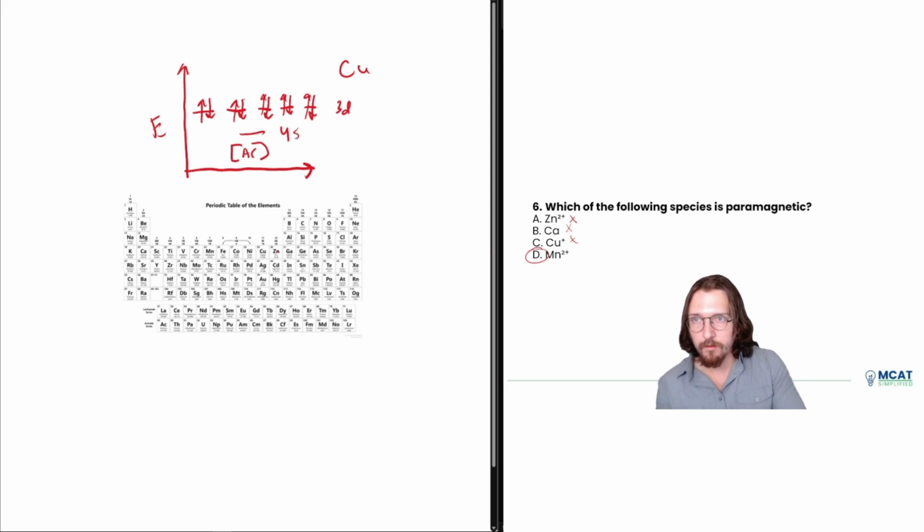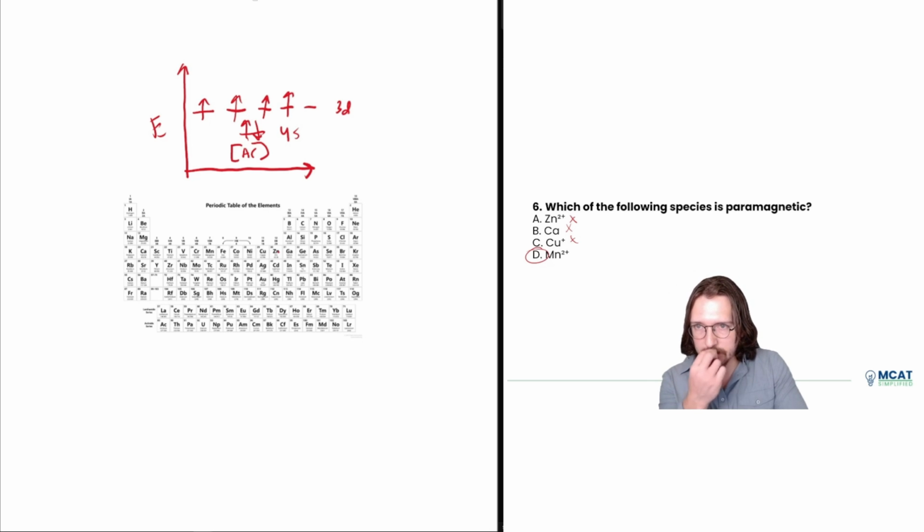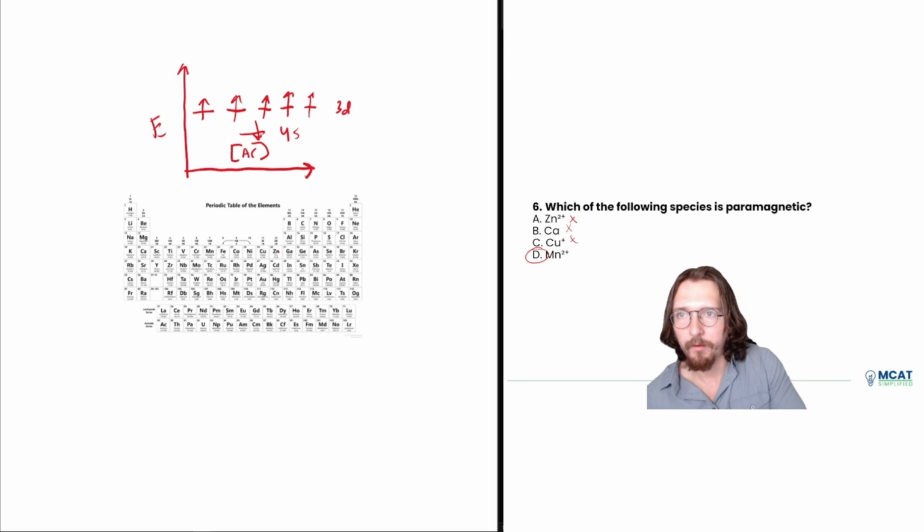So we're left with manganese. Let's look at what manganese would look like, specifically in the 2+ oxidation state. Again, we're just going to start filling these, up to 1, 2, 3, and then chromium. Remember that at chromium, this is ultimately going to jump up here so that we have a half-filled 3d orbital.